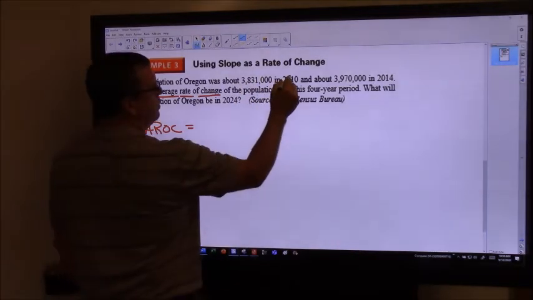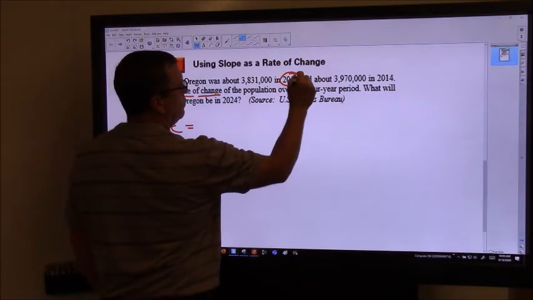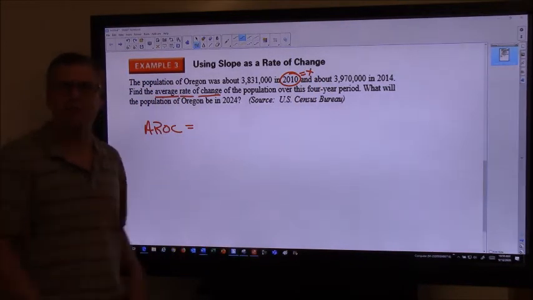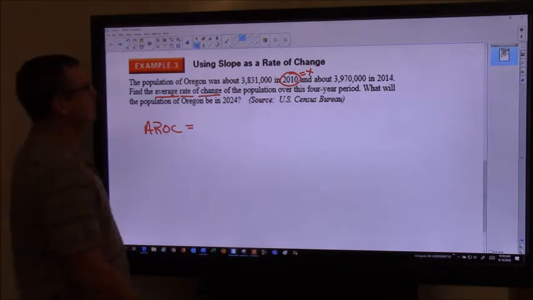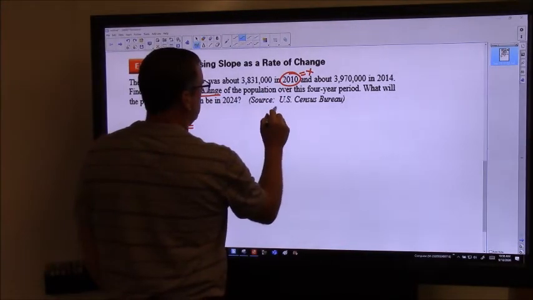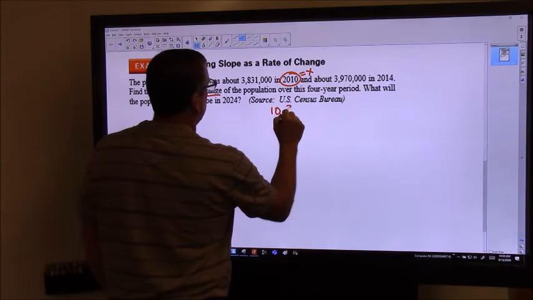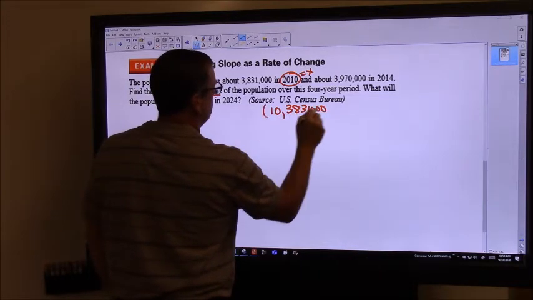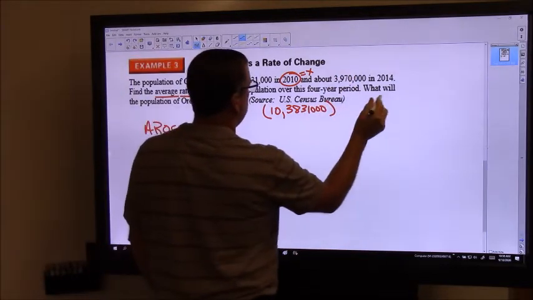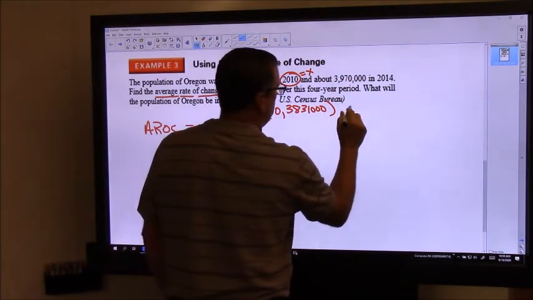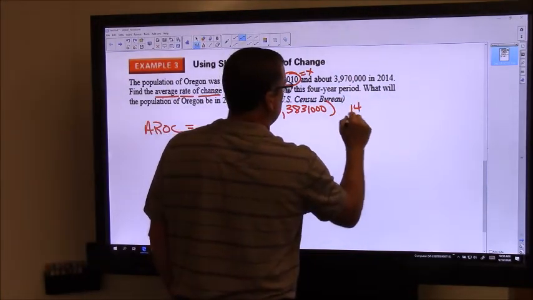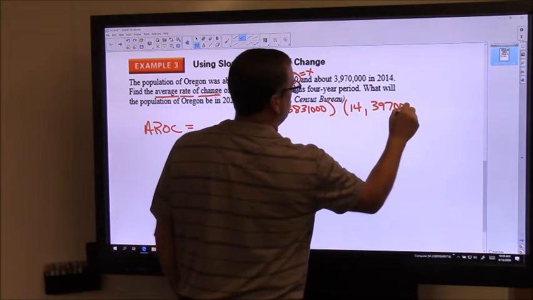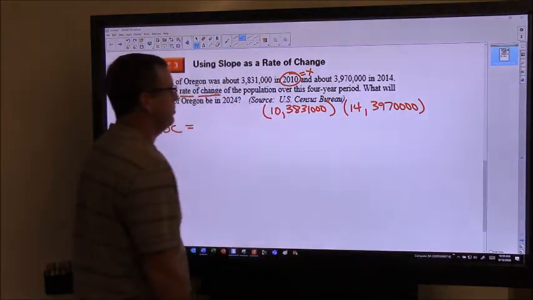And remember, time always gets the x value, or x always gets the time value. Okay? So I'm going to write this down as 10, 3,831,000. And my second point is, if that's 10, we'll call this 14. And then 3,970,000. There's my 2 data points.